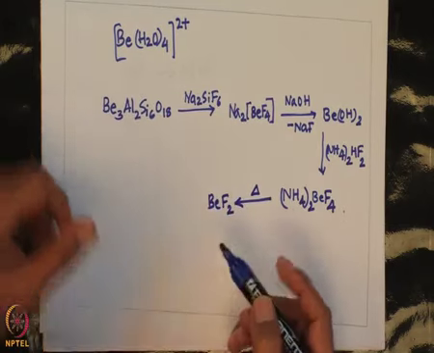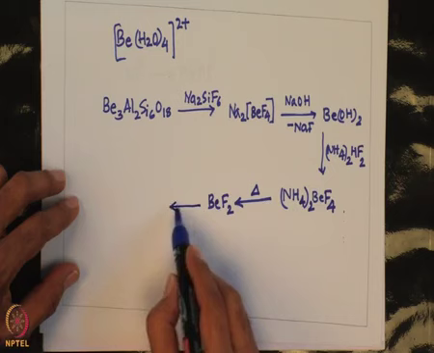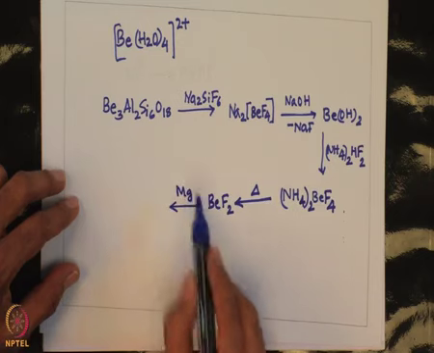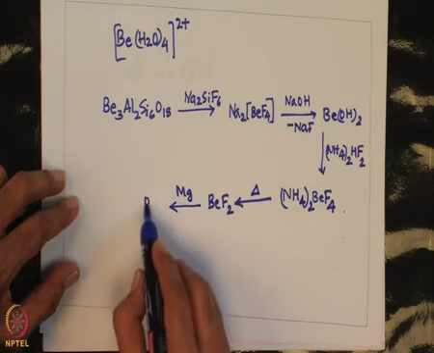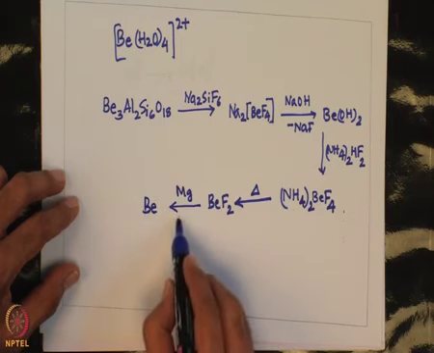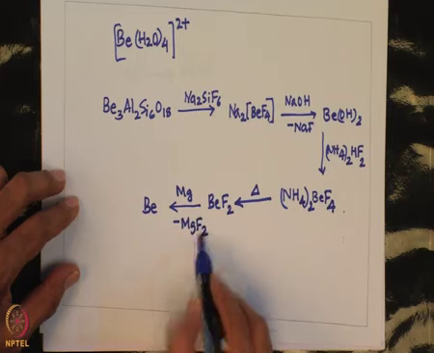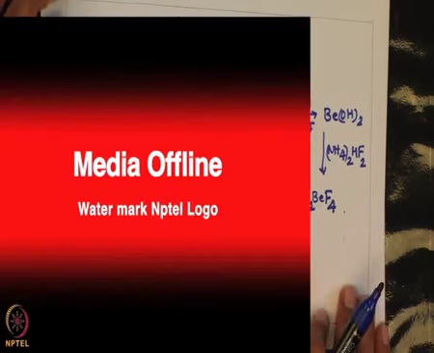Once after getting pure beryllium fluoride, it can be reduced using magnesium to get elemental beryllium. So, this is how beryllium is extracted from beryl, and simple anhydrous compounds of beryllium are covalent in nature.